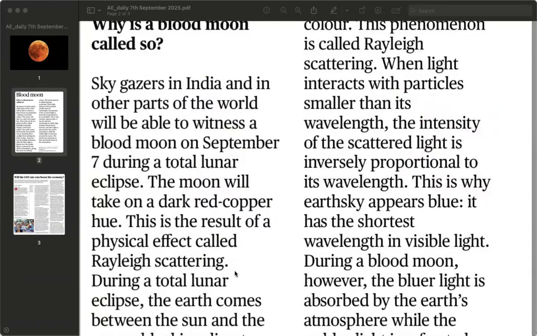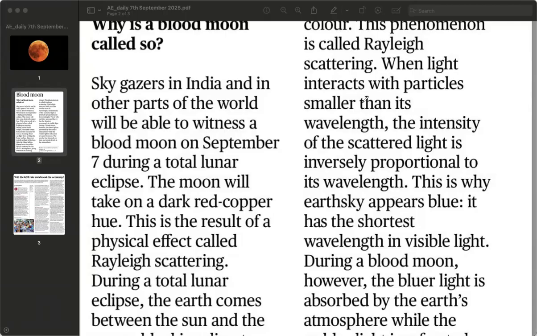Now, don't worry, that's just a fancy name for something you have seen before. See, it's the same reason our sky looks blue and sunsets look red or orange. In science class, you might have studied that sunlight is made up of many colors, and that is why we see rainbows.